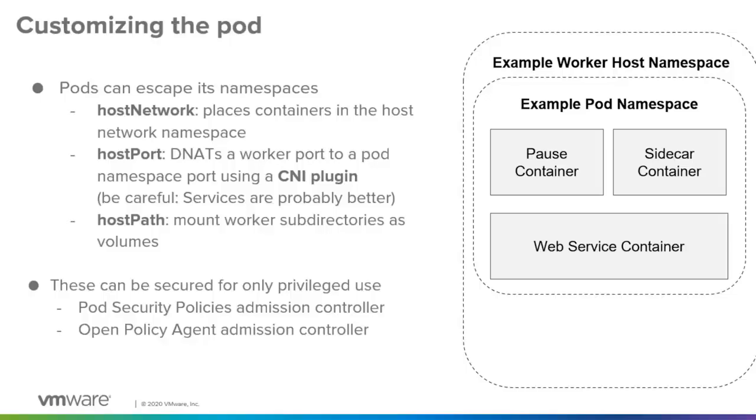But I actually just want to run a process on my host, whether it's a system level process or anything, I can do that. I can say, okay, well, this pod is going to be on the host network, and it will not create a network namespace for the pod. It'll actually place the pod on the host namespace so that you can see all the virtual interfaces running on the host, and you can do whatever you need relative to your access rights as the pod, your Linux access rights when I say that.